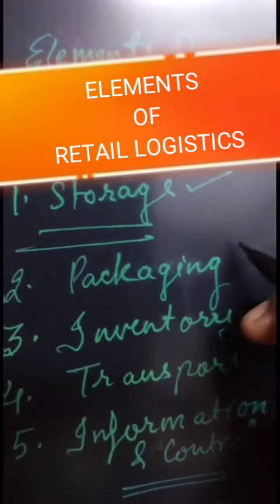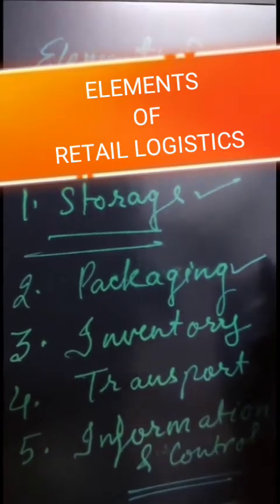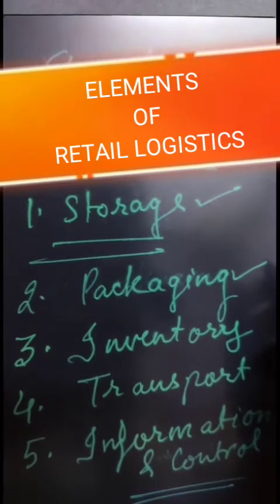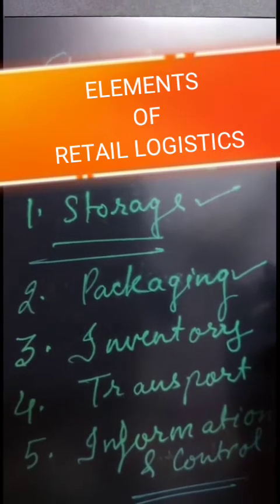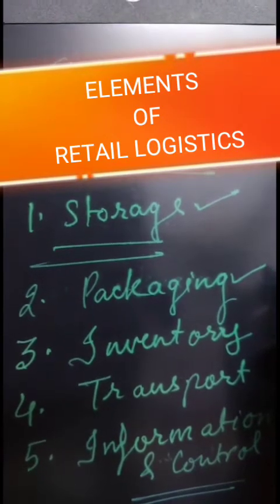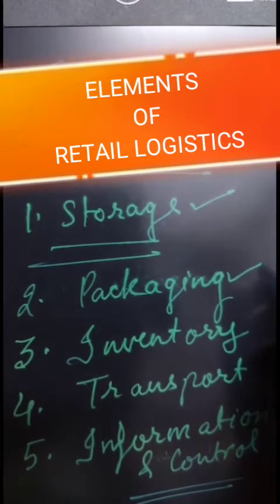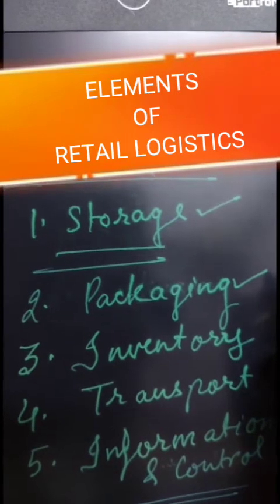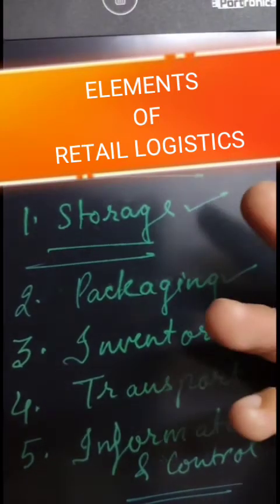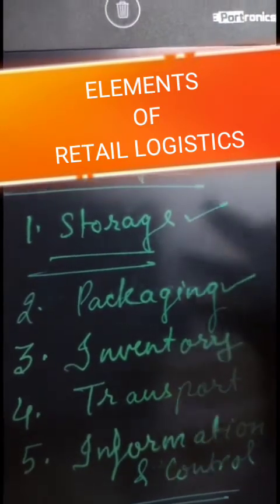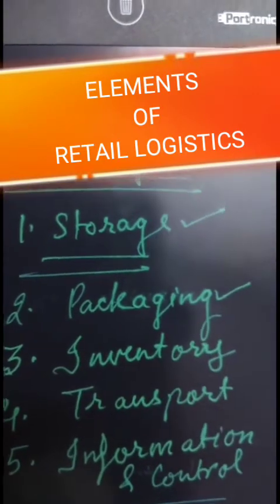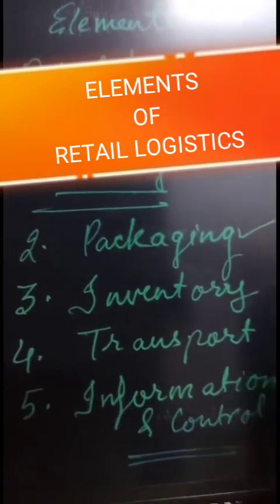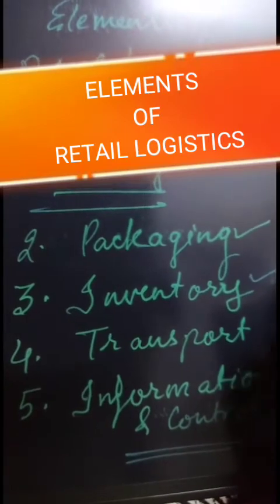Now, what is the role of packaging? The easiest product to move and store is a cube. So, packaging and utilization attempts to take all different sizes and shapes of the product and pack them as near as possible into a cuboid shape. Now, the role of inventory.